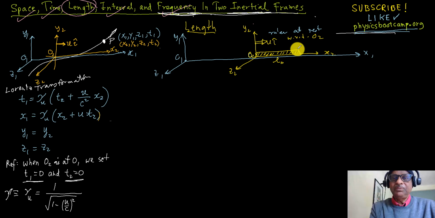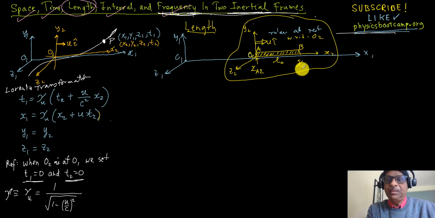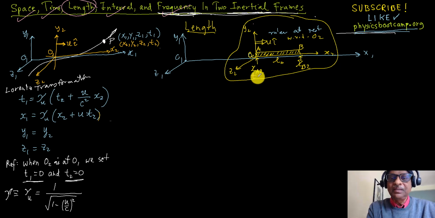So the meaning of length, just looking at this, means find the coordinates here. Say this end is A and this end is B. So x of A in the second frame and x of B in the second frame. But we want to find these two at the same time. This is very important, okay? So we want to find this at t2 equal to 0 and t2 equal to 0.